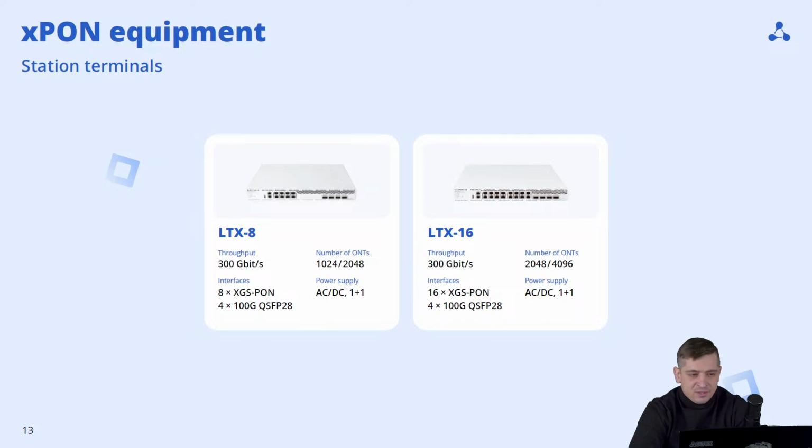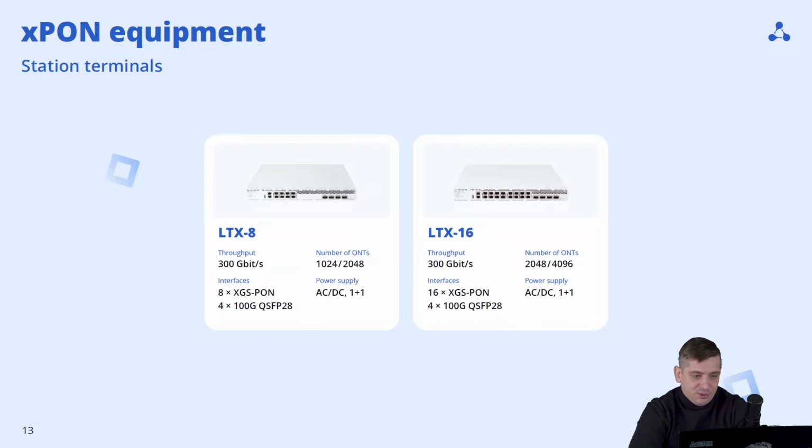The LTX8 is capable of carrying 1024 client ONTs on board in simple GPON and 2048 client ONTs in 10 gigabit GPON mode, so in XGS-PON. And the LTX16, 2000 and 4000 accordingly.